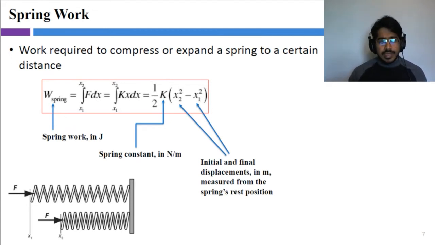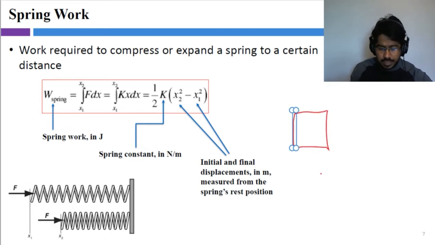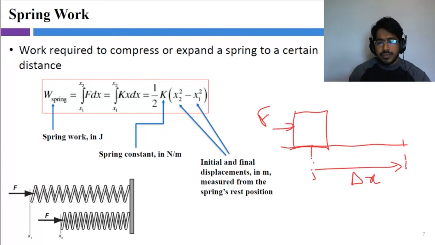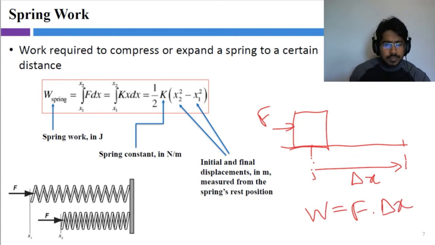In our early classes, we learned that if we have a weight on a surface, a smooth surface or rough surface, doesn't matter, and we apply a force like this, and this cube travels a delta x distance, then we wrote the work done by us on this cube as F delta x, right? I hope all of us are familiar with that one.